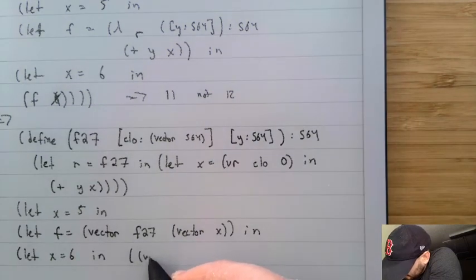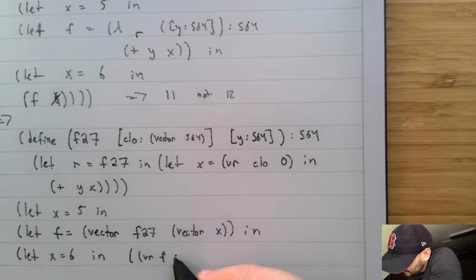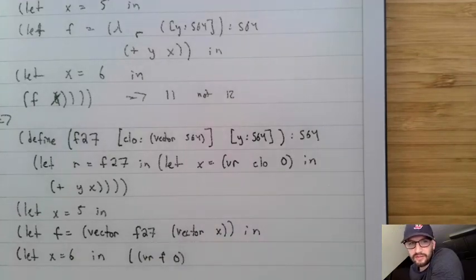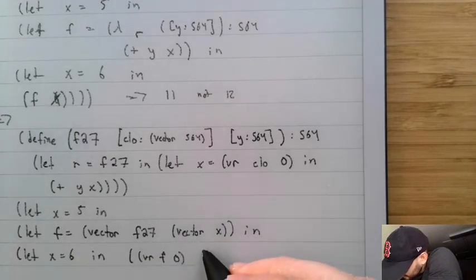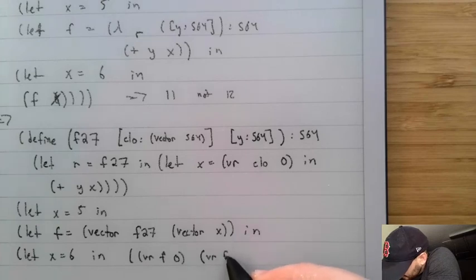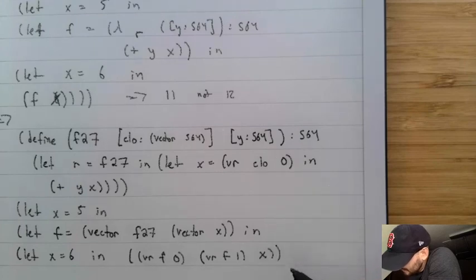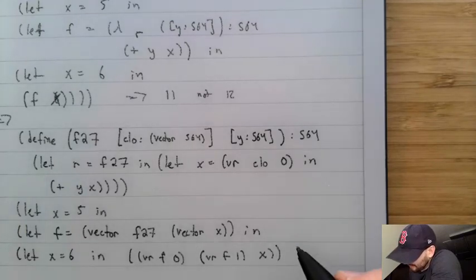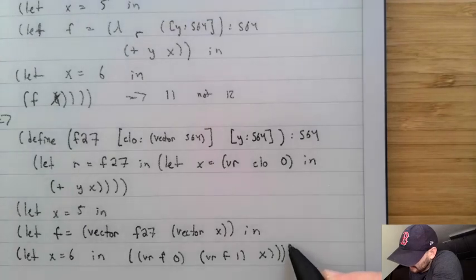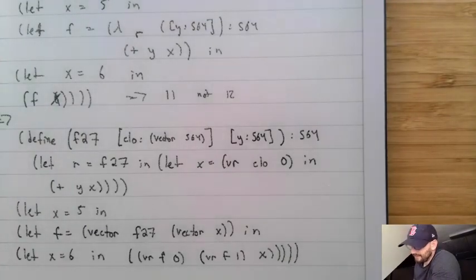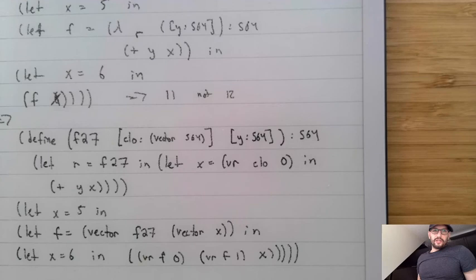Okay, we're going to do VR f 0, that gets us the function reference, and then we're going to call it with VR f 1, and then we're also going to give it the variable x. And then that closes the application. Then we close the let, close the let, close the let. Okay, so this right here is what we turn our program into.